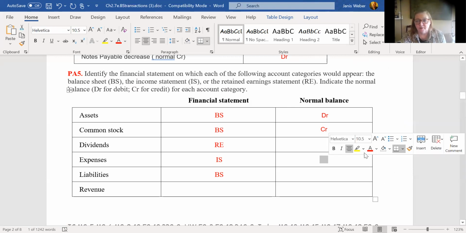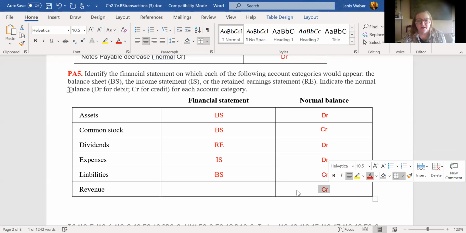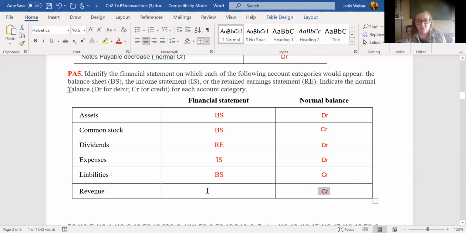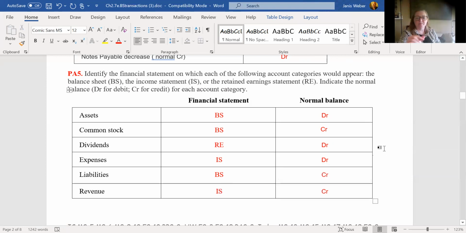Expenses, normal balance is a debit. Liabilities, normal balance is a credit. Normal balance for revenue, credit. And revenue was on the income statement. For some reason, it didn't want to cooperate when I tried to mark it, but it's there now.